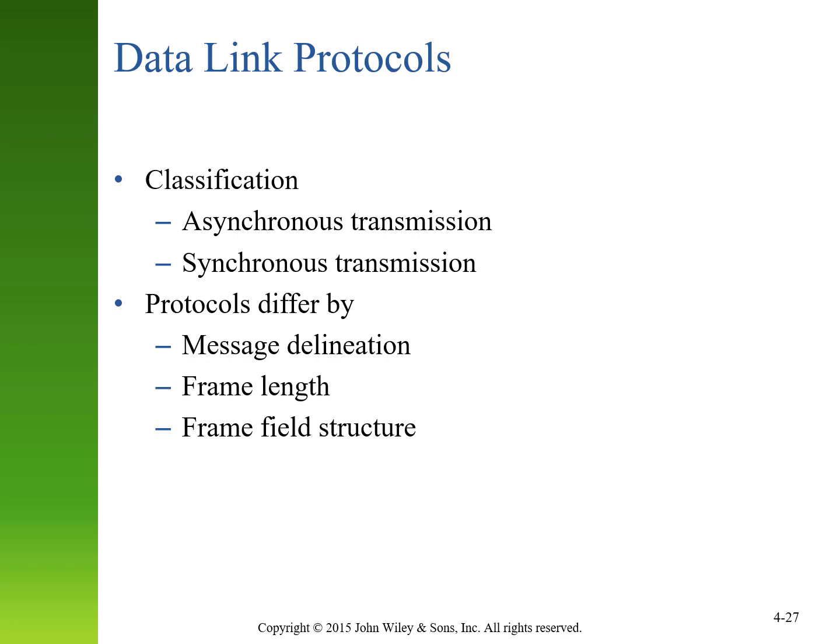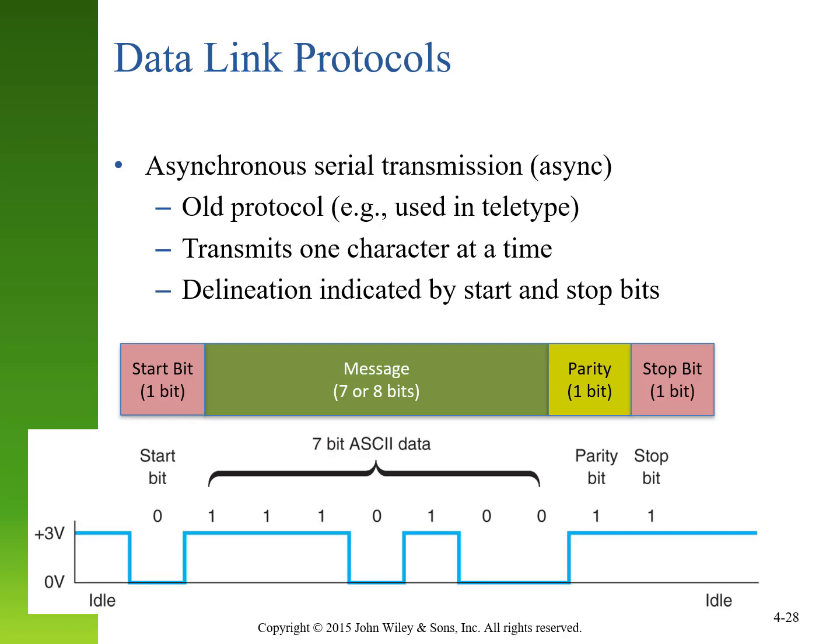And the different protocols vary in terms of how they delineate the beginning and the end of a message, how long a particular frame can be, and what the structure of that frame might look like. We'll take a look at a couple of specific examples just to give you an idea of how data link protocols have varied over time. One very simple algorithm or protocol for sending information is asynchronous serial transmission.